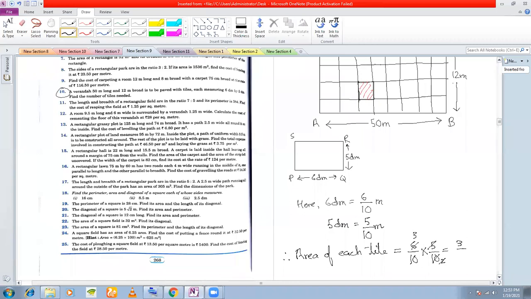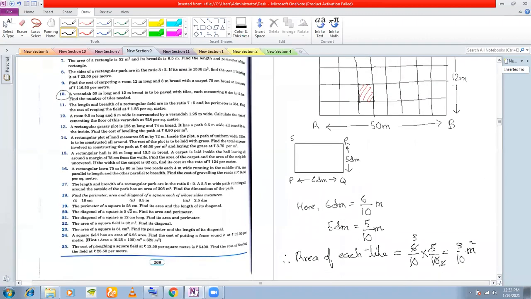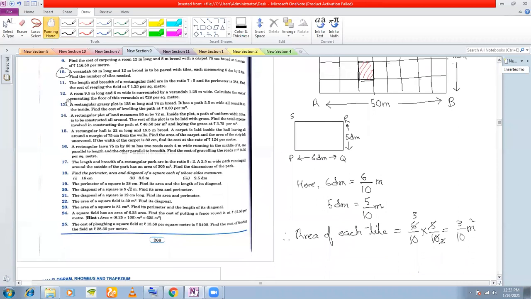Now you cancel, you get 3 by 10 meter square. We have already converted decimeter to meter, so the area of each tile is 3 by 10 meter square. Now, if one tile is 3 by 10, and suppose I am putting X number of tiles, then what is the total area of the tiles?